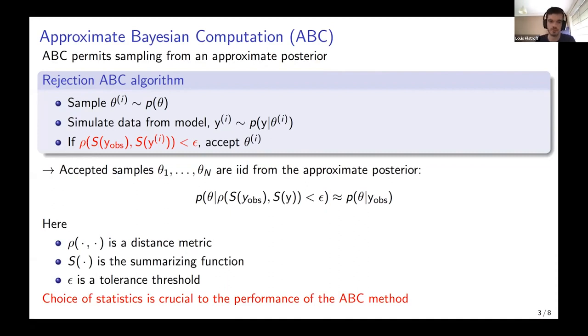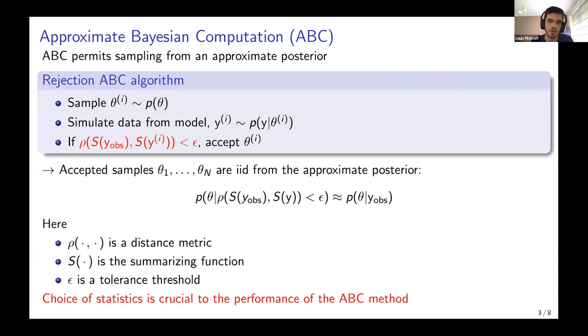One way to do this is to use summary statistics, and we compare if the summary statistics on the observed data and on the artificial data are close enough. If that's the case, then we accept this parameter sample. This is a rejection algorithm, and you repeat this until you have reached a certain number of samples, and these accepted samples are IID from this approximate posterior distribution.